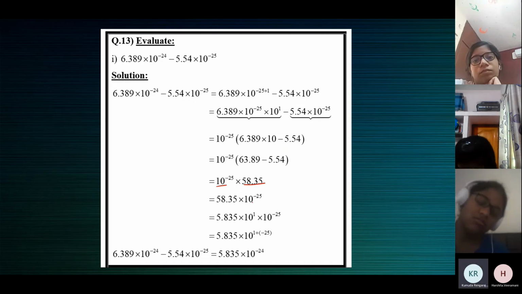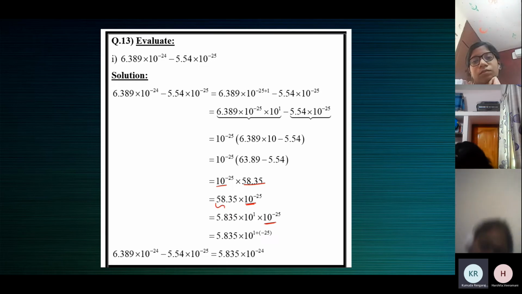So don't disturb 10 to the power minus 25, write it as it is. Now write this in the scientific notation: 5.835 into 10 to the power 1, because you'll have to shift the decimal point.